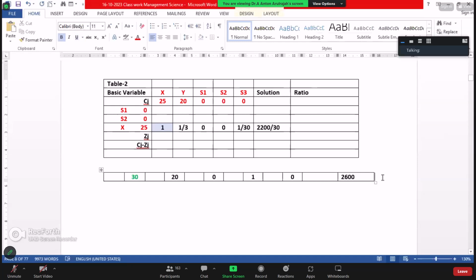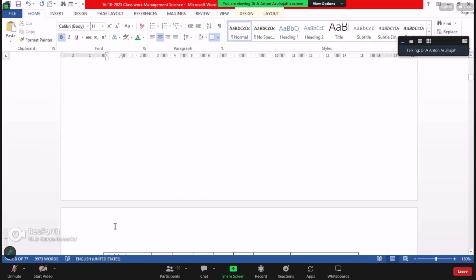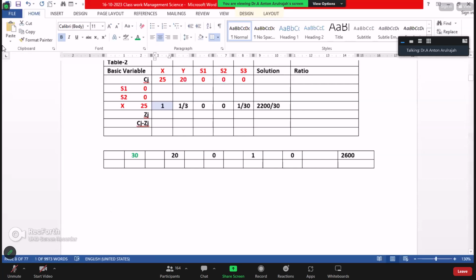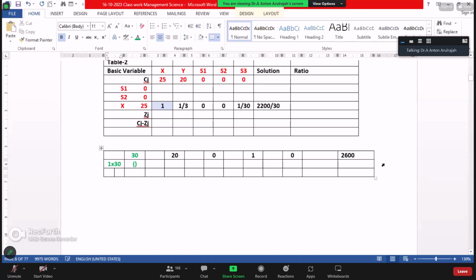Then I add the second row. What do we have to do? This 30 is going to become a 0. So we have to multiply this 1 into 30, and put the value within brackets here, and minus 6. That's all. 1 into 30.